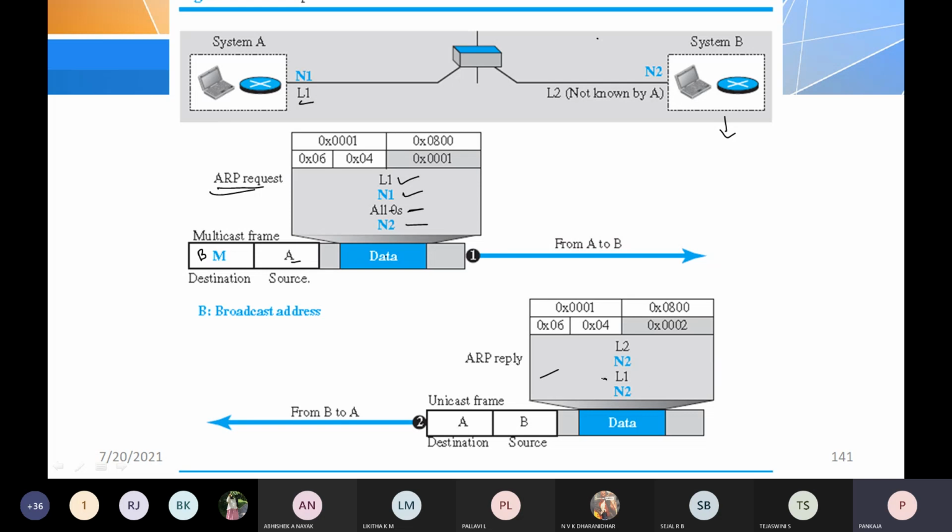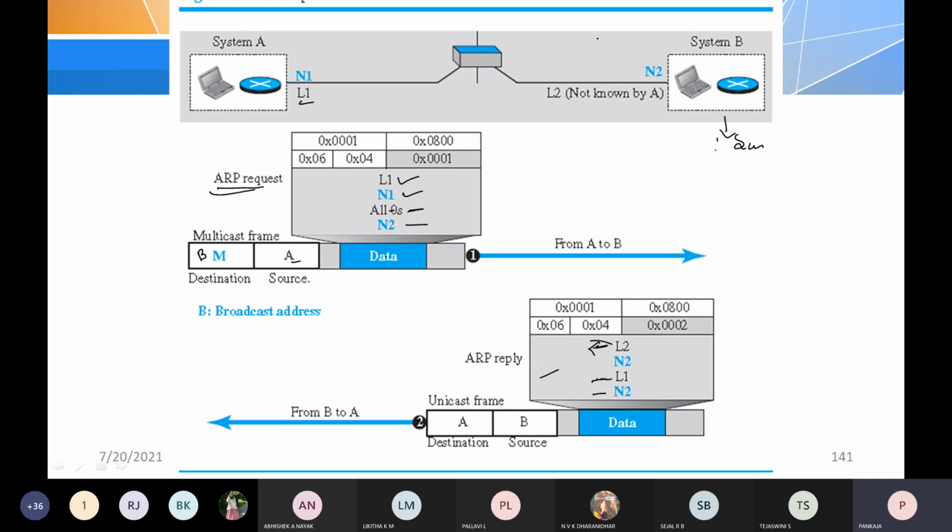Okay, whenever it is replying, you can just identify what address it is adding. The address is added here because this is the node that is responding. In that case, with respect to the response, this becomes the source. Okay, so that's why source physical address and source IP address. Then this is the destination physical address and destination logical address, and it is going to be unicast. What is the source node when it is sending the response?